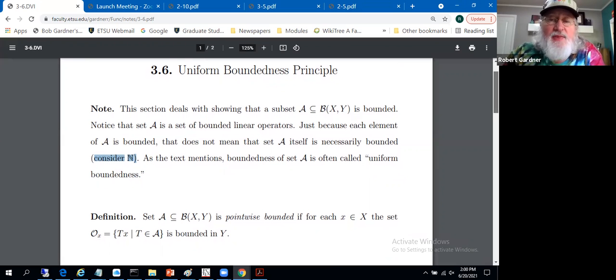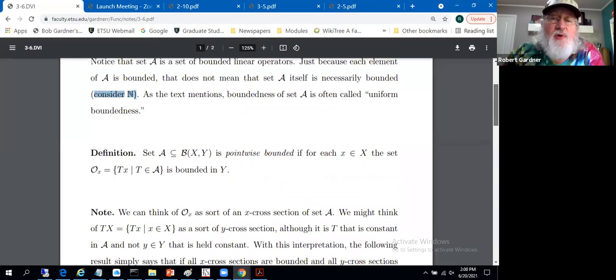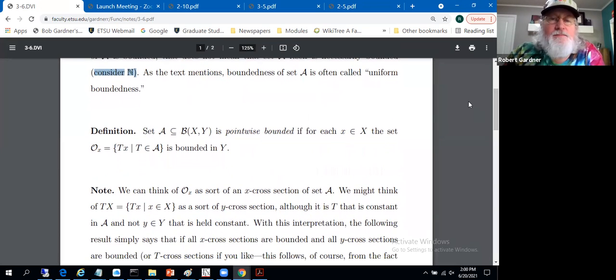We'll have as hypotheses in the uniform boundedness principle an idea of pointwise bounded.